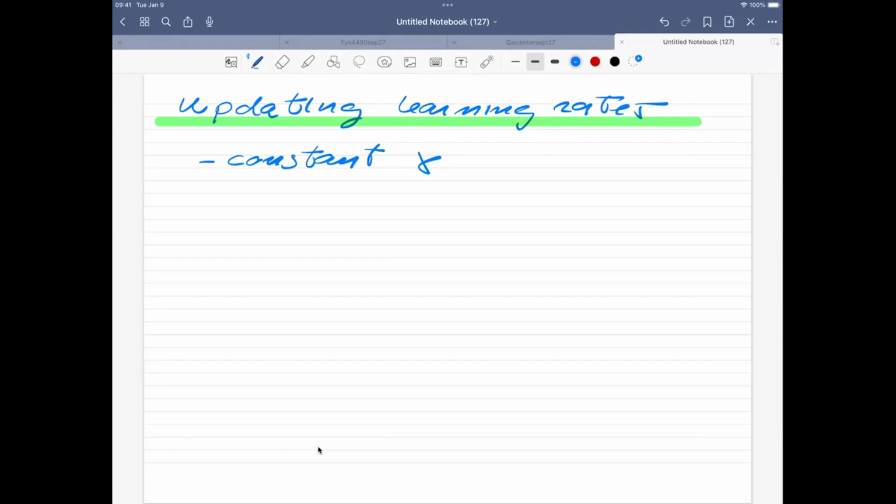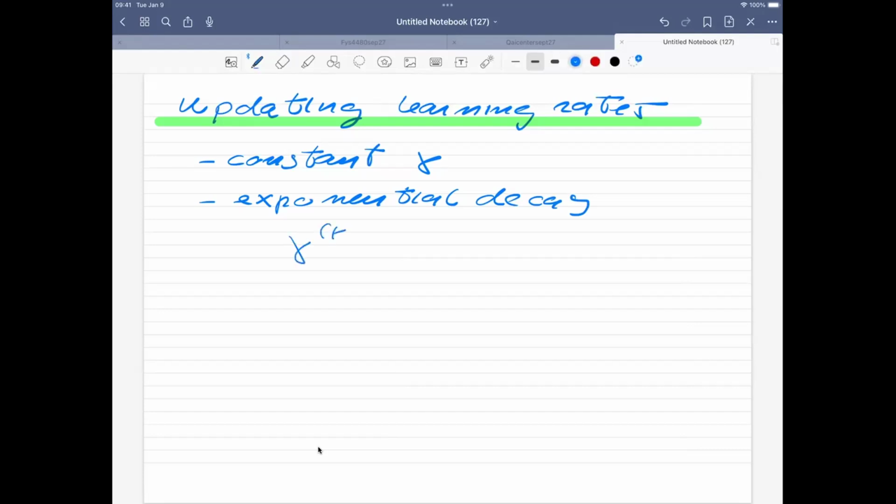Another alternative is to have an exponential decay. You will see in the literature that people have been trying different approaches here, exponential decay. In that case, you would simply have a learning rate which gets updated. So this is a gamma, not a y.